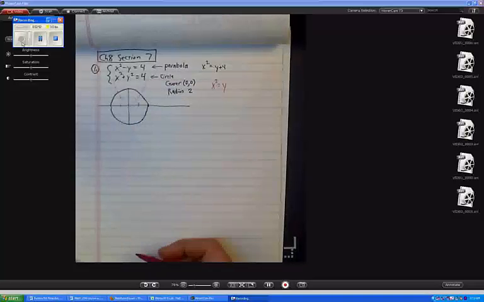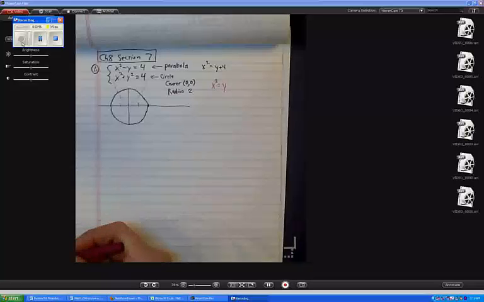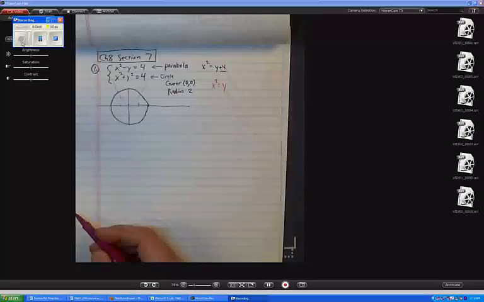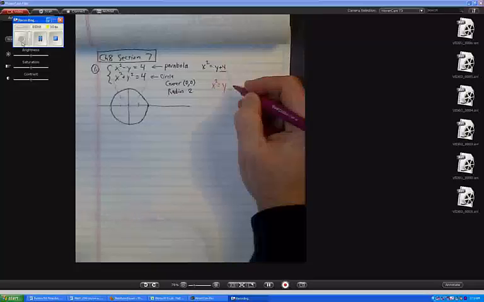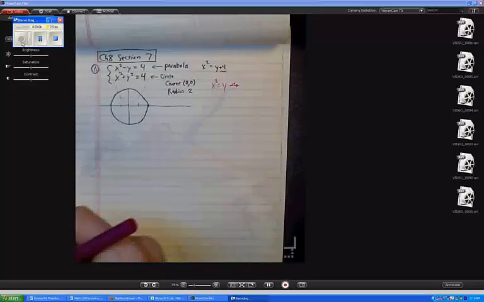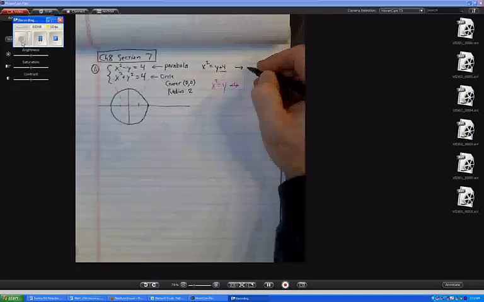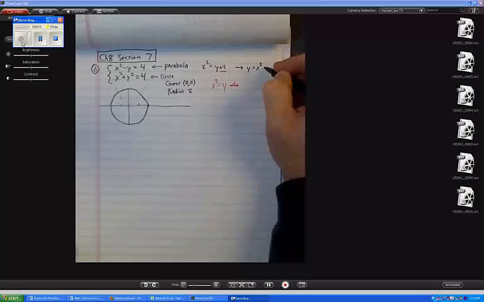The only difference is, well, what does this tell me to do? Maybe it's easier if I make one more step and write it the way we used to write it back in chapter 2, I think it was, y equals x squared minus 4.